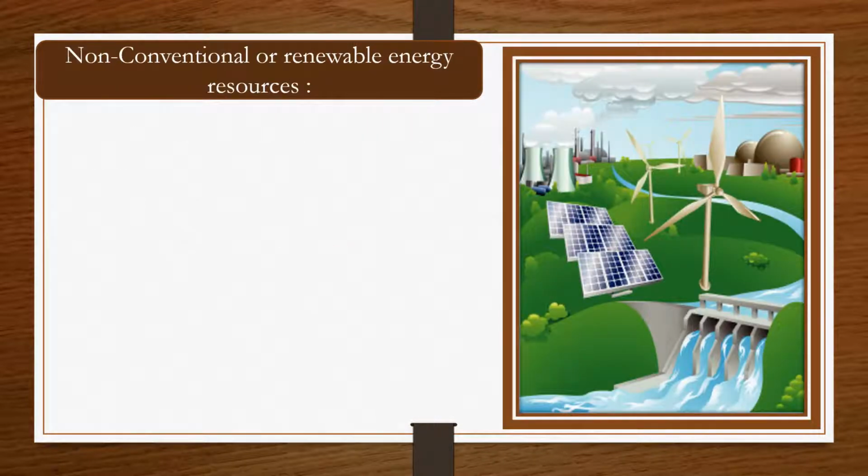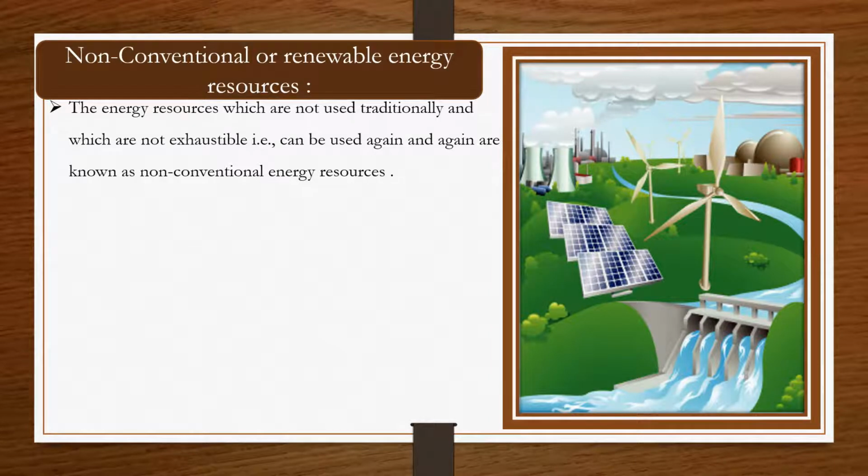Now let's learn about non-conventional or renewable energy resources. The energy resources which are not used traditionally and which are not exhaustible, that is, can be used again and again, are known as non-conventional energy resources.